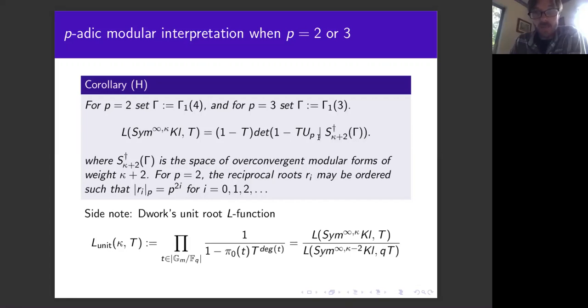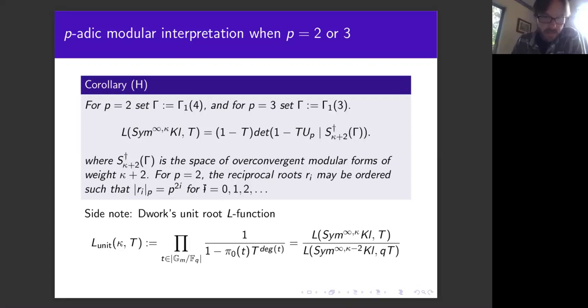They know exactly what the Newton polygon is of this object. I wrote this in a different way than I wanted to. At the time it seemed good.